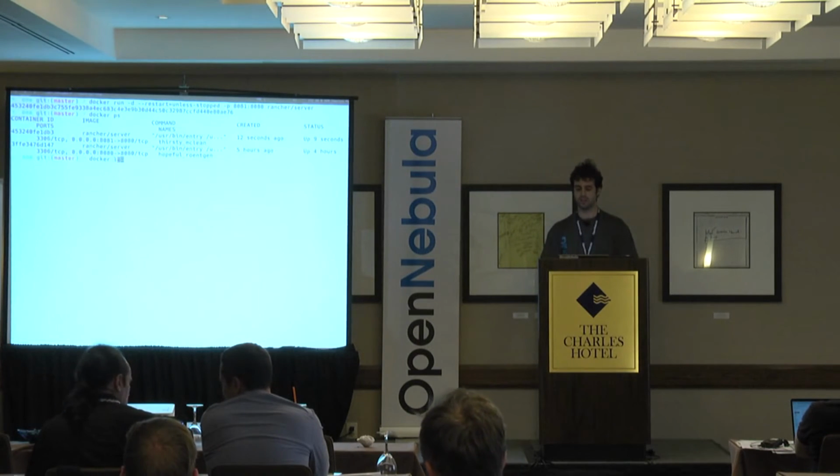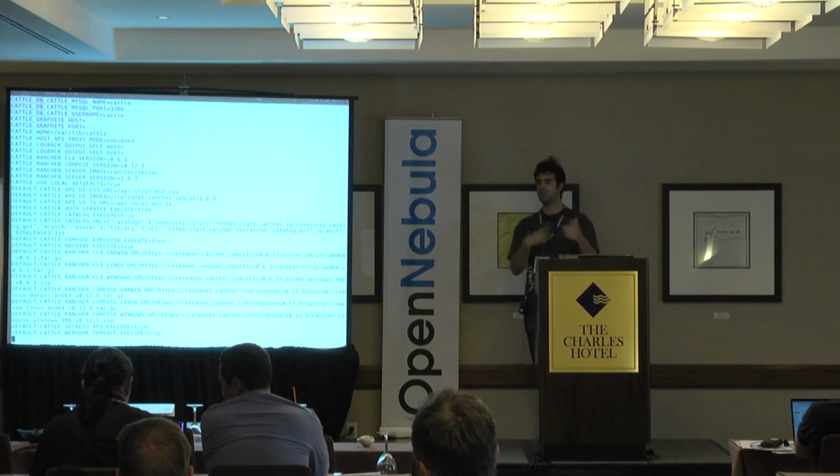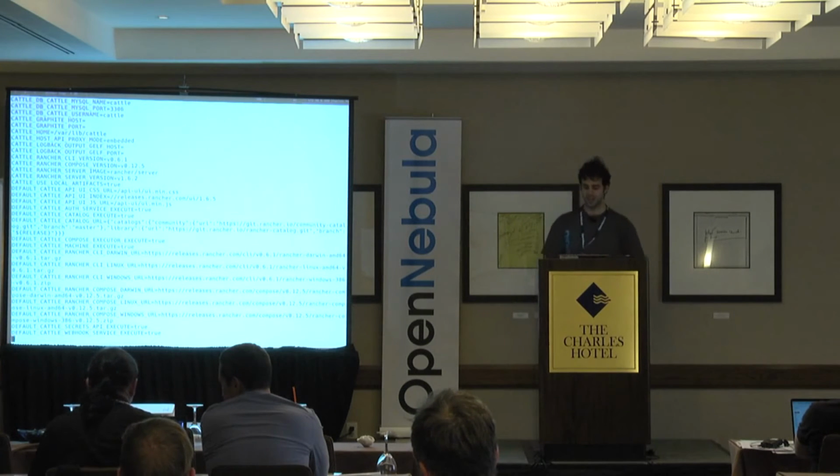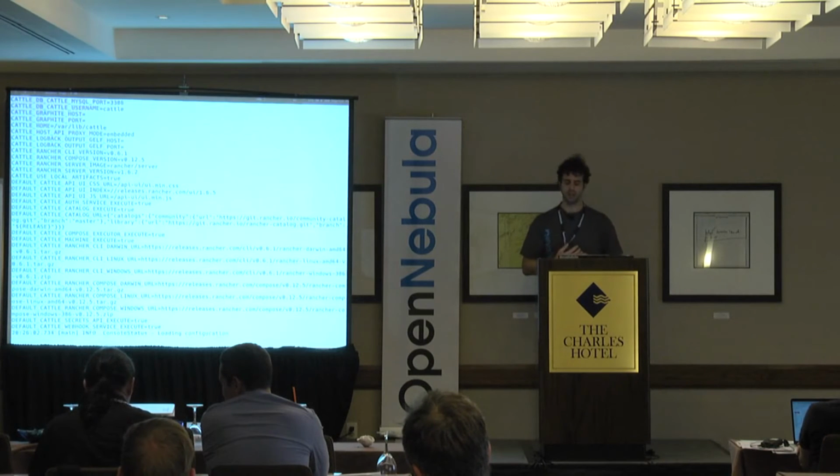So I'm going to do docker logs on the Rancher container, and it's still bootstrapping the service. And we'll see soon that it started listening on port 8080, and I will connect to this port, and I'll show it to you.